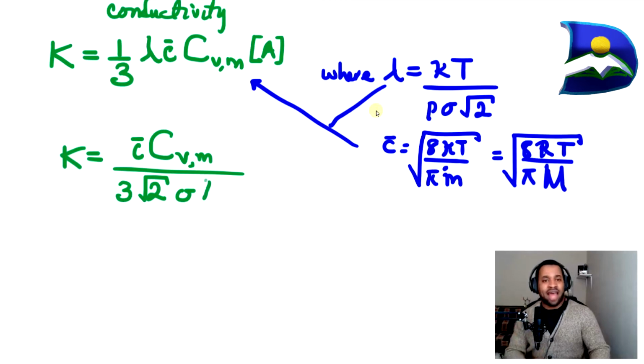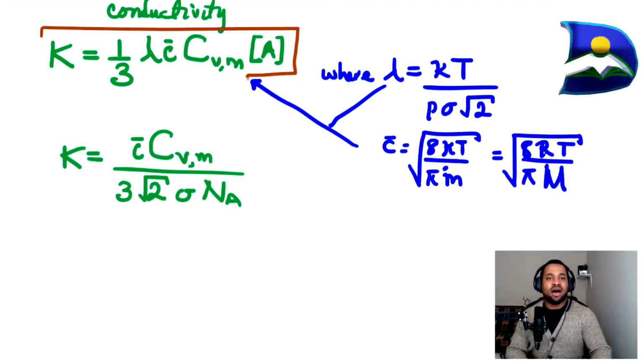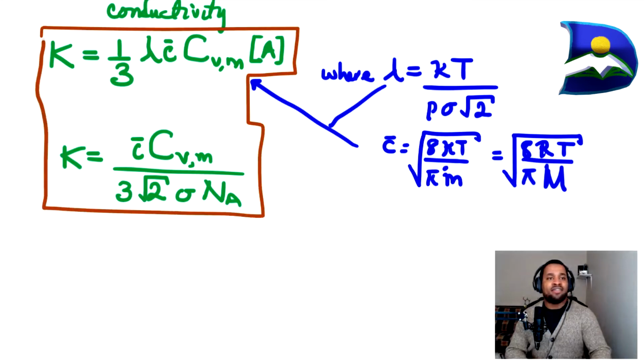So these are the two equations that connect really well to our thermal conductivity coefficient, and this is important because it shows various interesting interpretations of our outcomes.